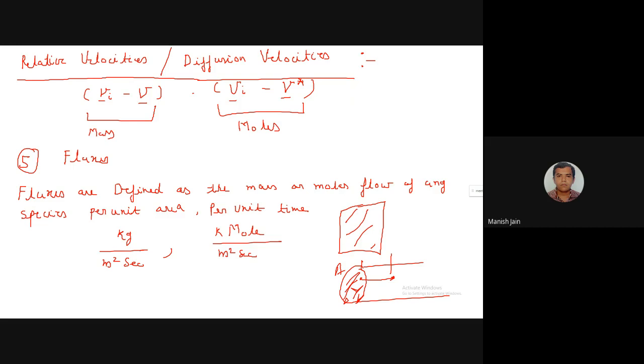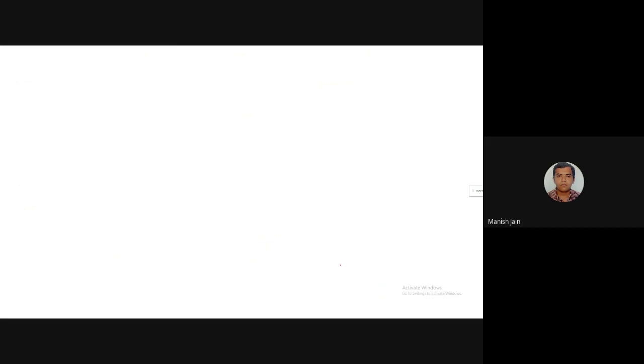Now we will define the different types of flux, and for that we will make a table.